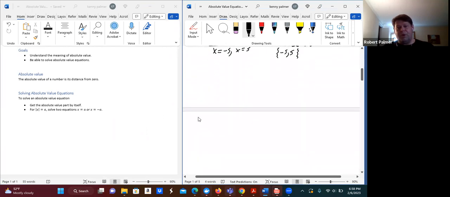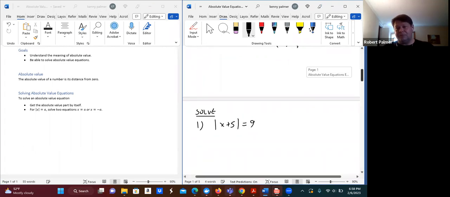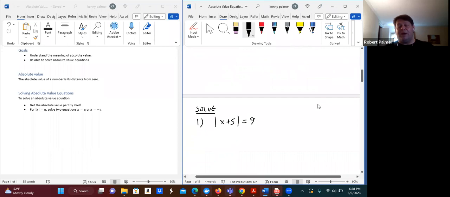Let's go and do number 1 here. Let's say we want to solve the absolute value of x plus 5 equal to 9. Put into words, this says that whatever x plus 5 is, its distance from 0 is 9.